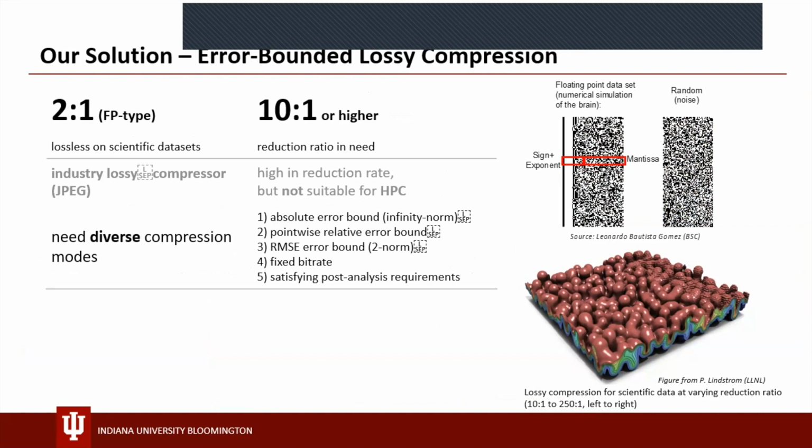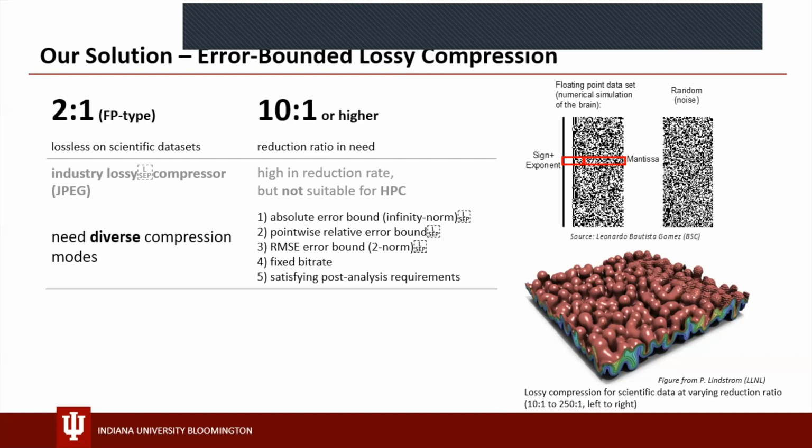For example, some studies show lossless compression on scientific floating-point data provides a compression ratio of about 2, while lossy compression can provide more than 10 times. People have also developed image compression, which is lossy, over the past decades.